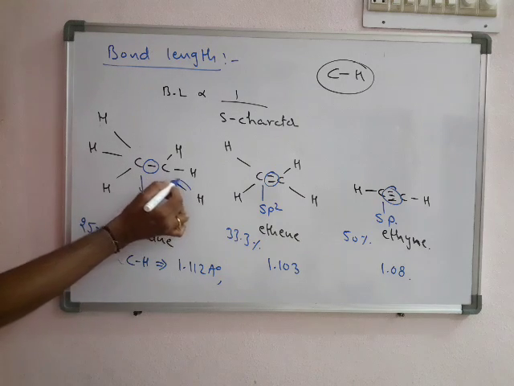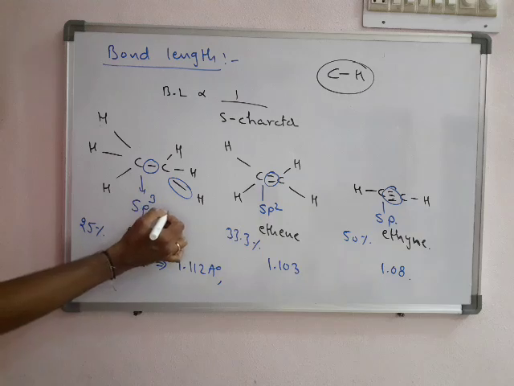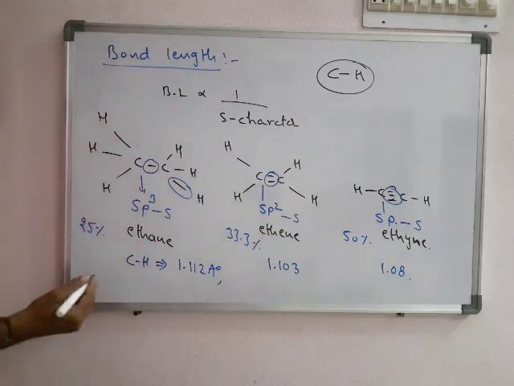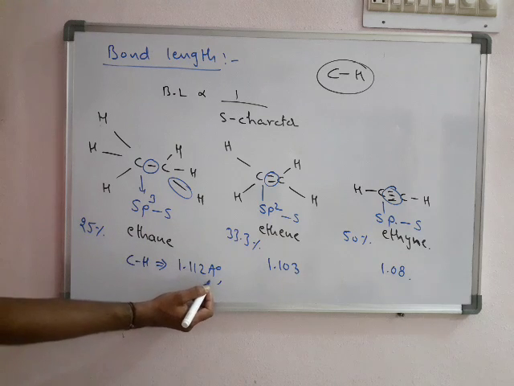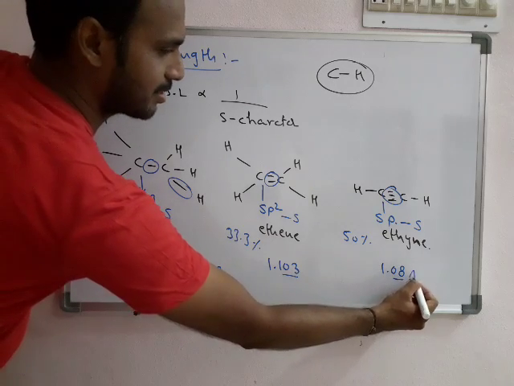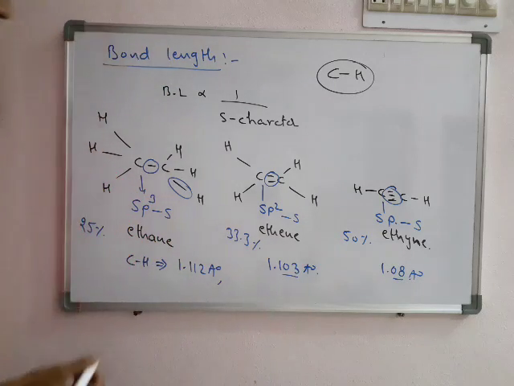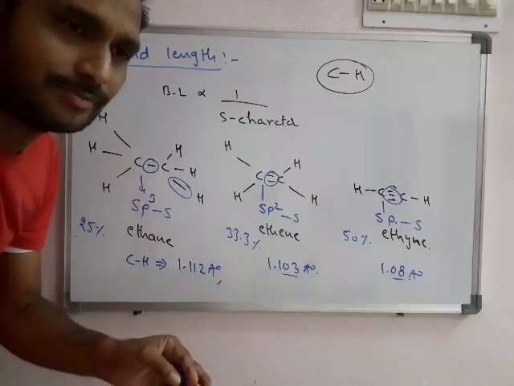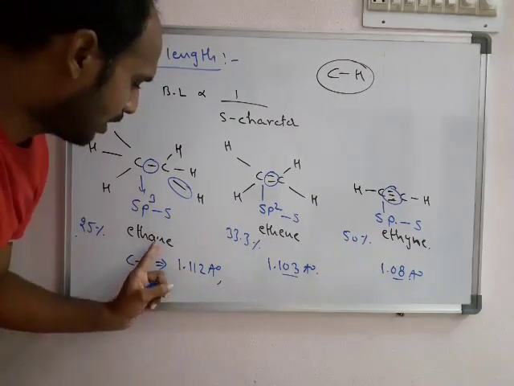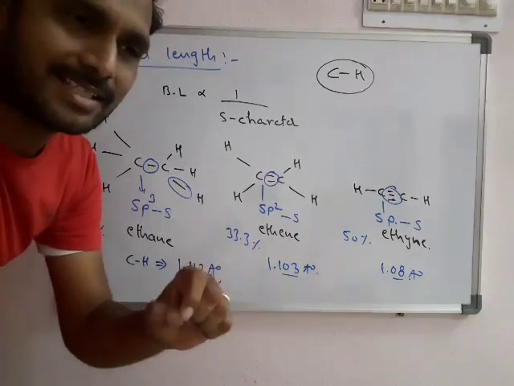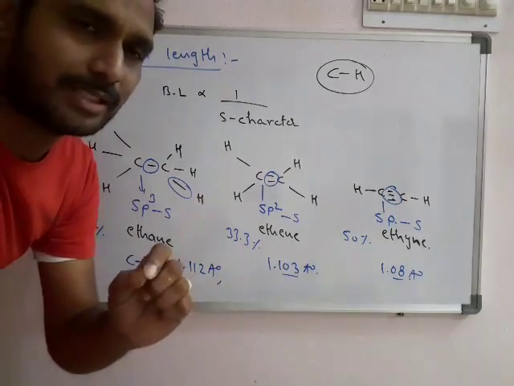The overlapping here is sp3 with hydrogen's s orbital, here sp2, here sp. So the bond length here is 1.112, here 1.103, and here just 1.08 angstroms. As S character increases, bond length decreases. For the same bond in different molecules, the bond length differs due to the difference in the S character of that particular atom.